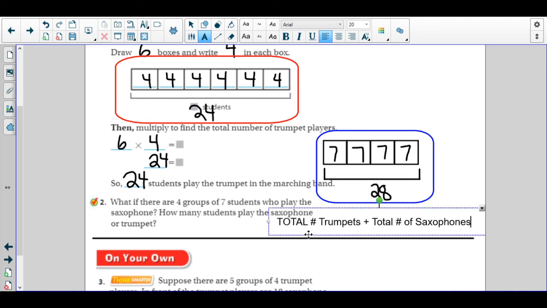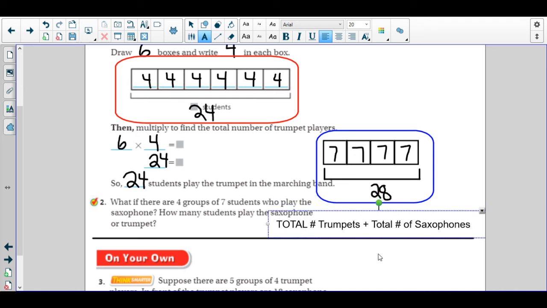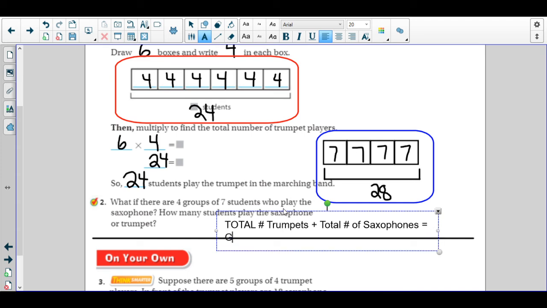There we go. May have to come down here in this area just a little bit. And that is going to equal then, we'll call that the grand total. All right.